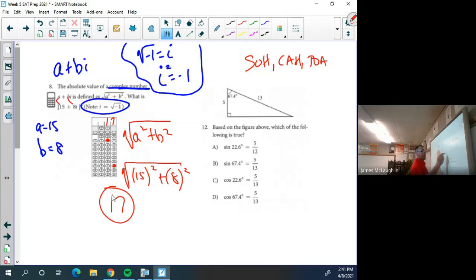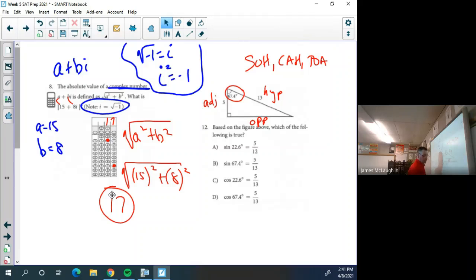All right, so we got an angle of 67.4. You guys all know across from the right angle is what we call the hypotenuse. Over here would be your side opposite, and over here would be your side adjacent. Now, if we look at the measurements that have been given to us, I call that the CAH function.